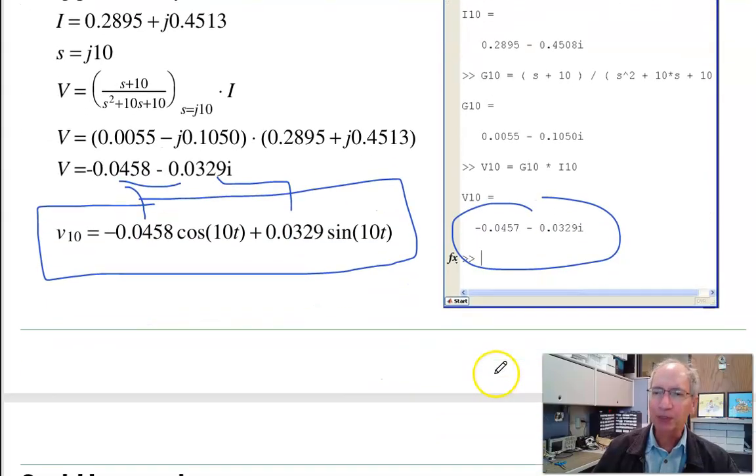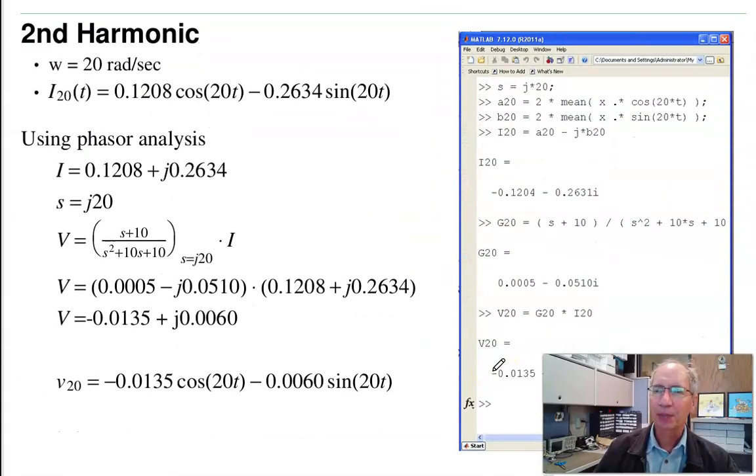At 20 radians per second, same thing. Now s is j20. Here's the input at 20 radians per second. Cosine part, sine part. In phasor form, real part's cosine minus j is sine. So there's I of t in phasor form. Here's the gain at 20 radians per second. Output is gain times input.